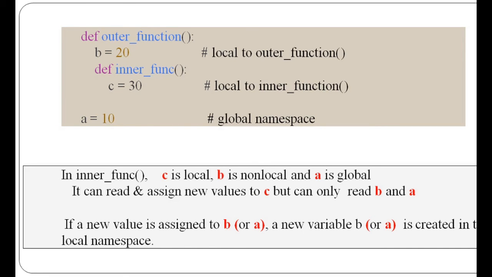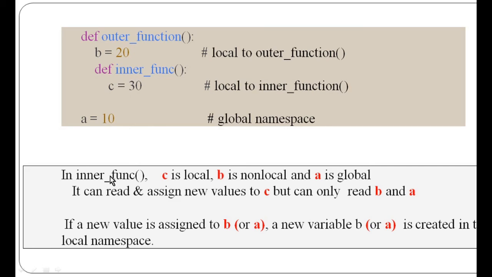This is another example where I have an outer function, and inside this outer function I am defining another function which is called inner function. I have a is equal to 10, which is global in scope because it is defined outside any function. B is local to outer function and C is local to inner function.